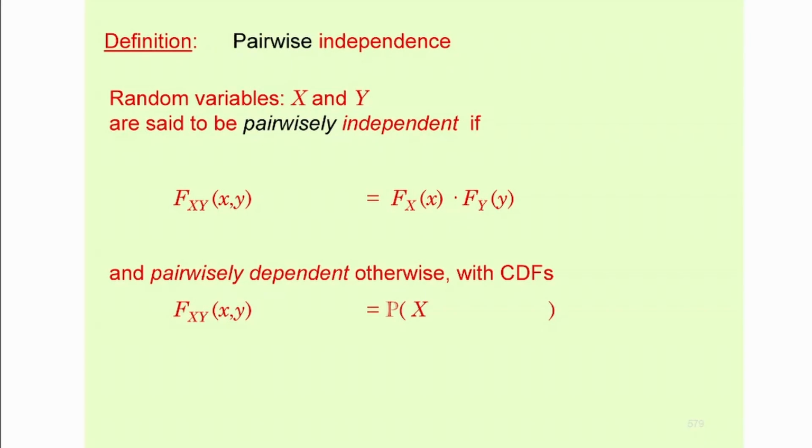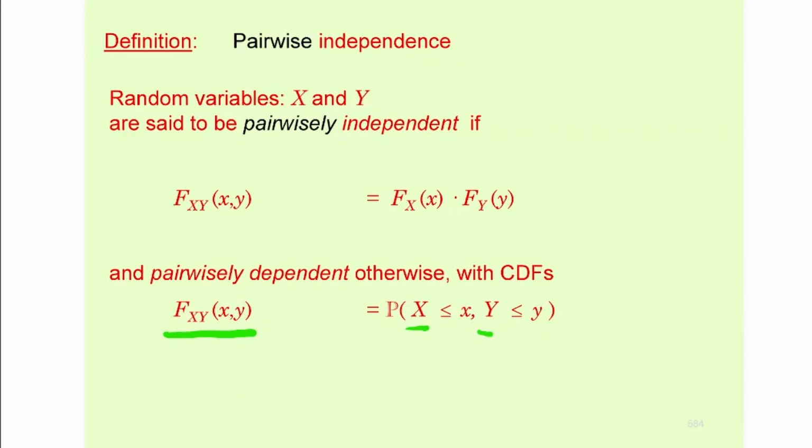Again, I was explaining the joint cumulative distribution function. This is it. It is equal to the probability, at point x and y, that capital X, which is a random variable, is not greater than small x, and capital Y is not greater than small y.